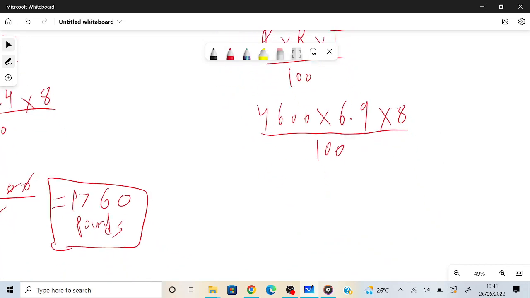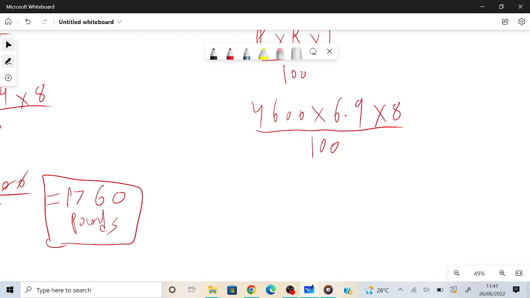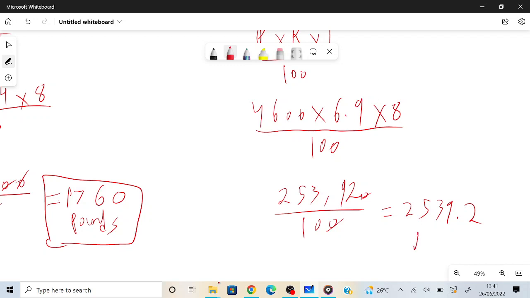And doing the calculation, 4600 times 6.9 times 8, that is 253,920 all over 100. This zero cancels this, and doing the rest, I am having 2539.2 pounds.